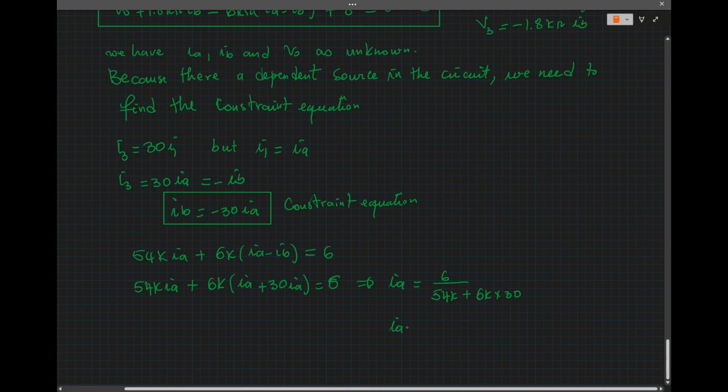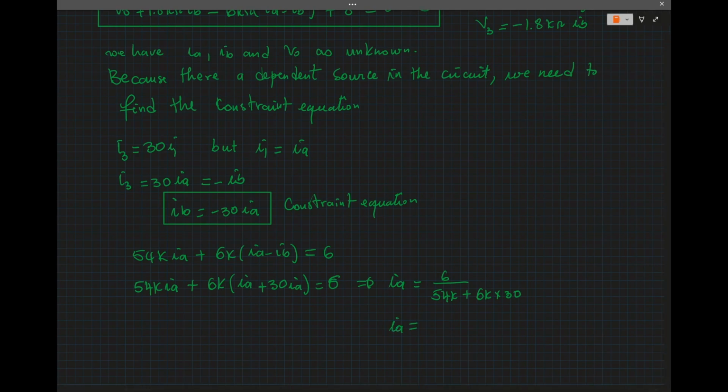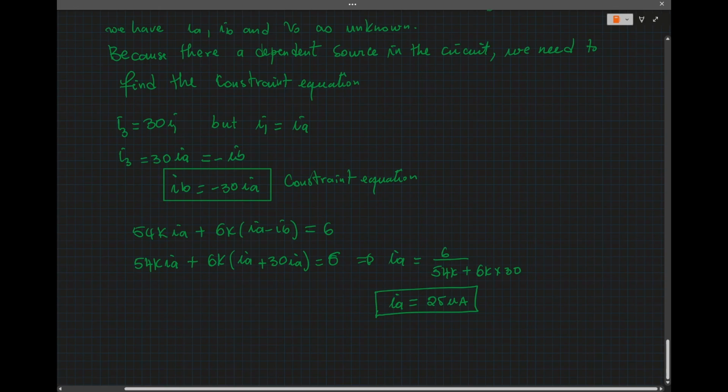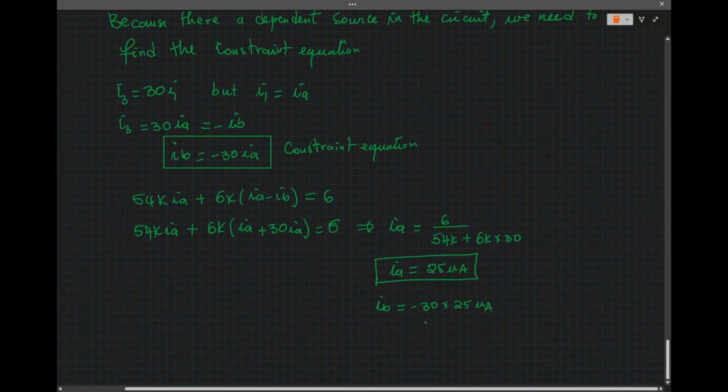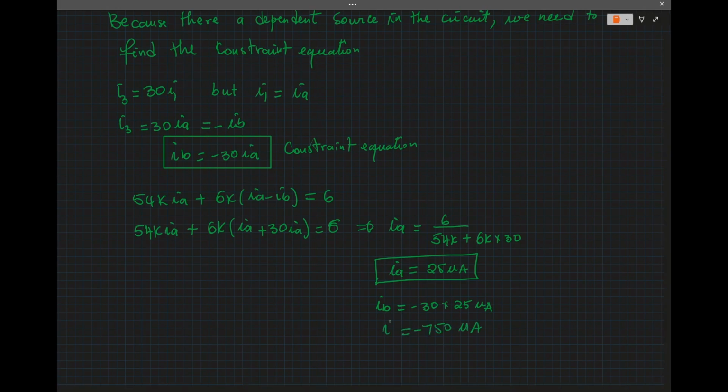So IA will be equal to 25 microamps. Then I can find IB, which is minus 30 times 25 microamps, which is negative 750 microamps.